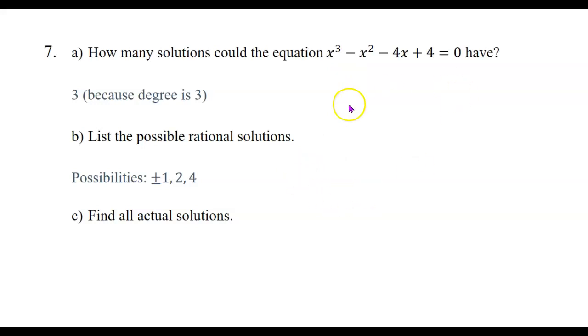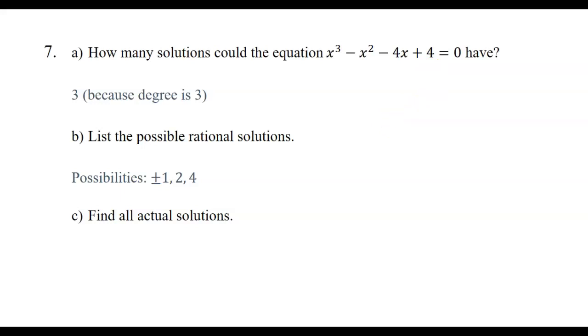Another thing we could do would be to get a graphing calculator or graphing software and ask it to draw the graph of y equals x cubed minus x squared minus 4x plus 4, and look at the x-intercepts of that graph, because the x-intercepts of the graph of a polynomial function are the same as the real zeros of that polynomial.